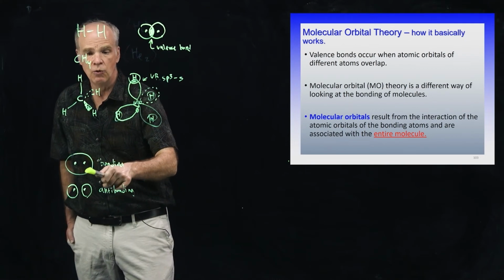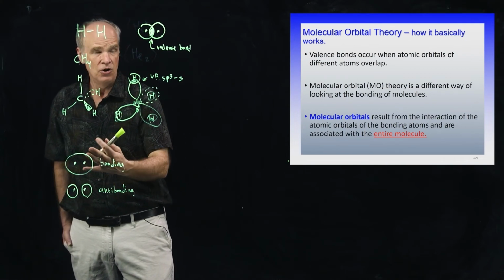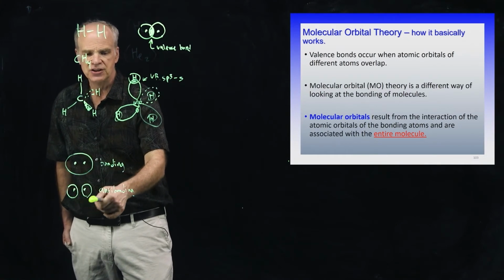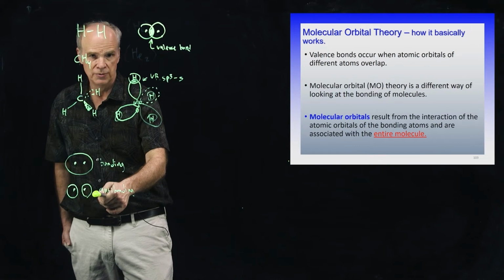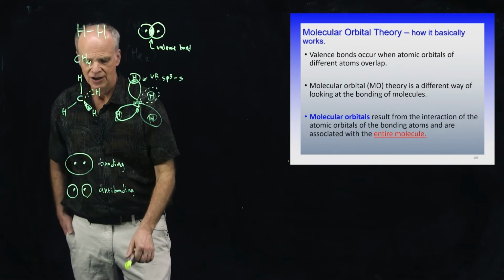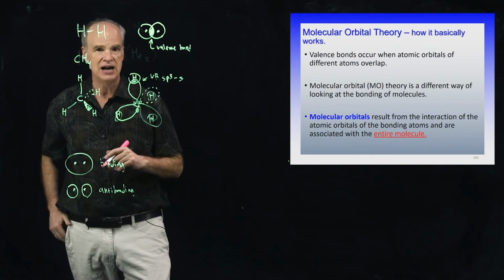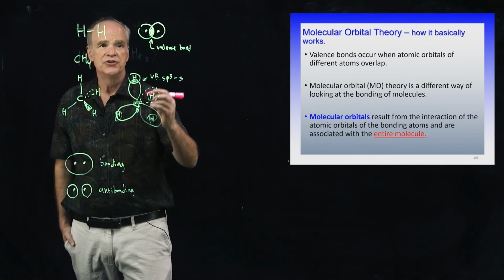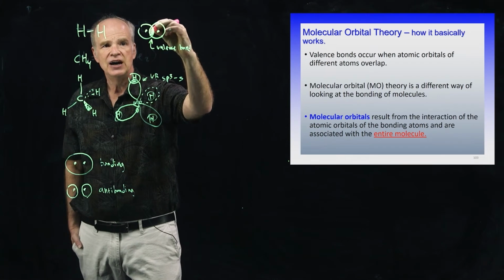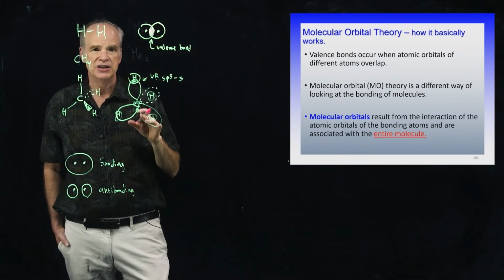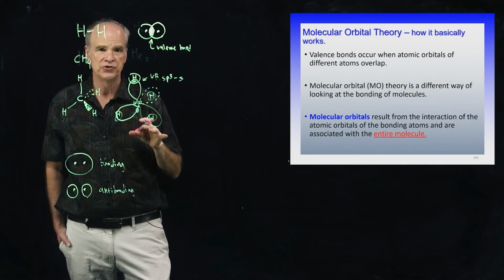One molecular orbital holds basically two nuclei, and this is actually considered to be one orbital, and it holds two nuclei as well. This has some interesting ramifications as to where the electrons are found in molecular orbital theory. In valence bond theory, you find the electrons in between the nuclei because that is where the orbitals overlap.